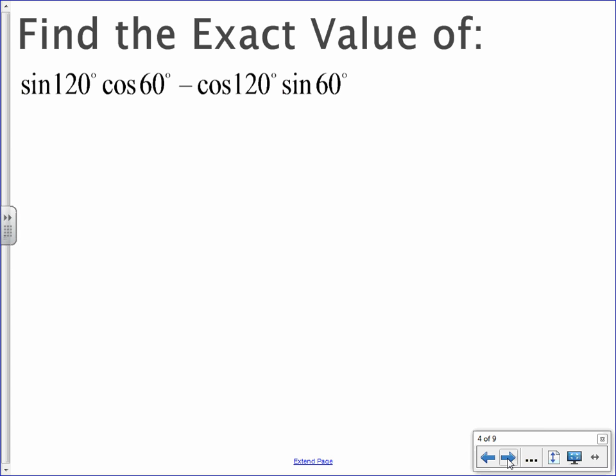Next example on your foldable. It says find the exact value of this expression. Now, we can easily sit here and evaluate the sine of 120, and the cosine of 60, and the cosine of 120, and the sine of 60, and put it all together. Or we could recognize that that means what?